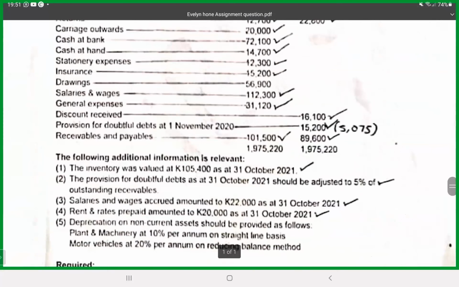But there is an adjustment. Adjustment number 3 says that the salaries and wages accrued amounted to 22,000. I said that accrued expenses should be added, so you have to add this 22,000 to the 112,300. Is that clear?